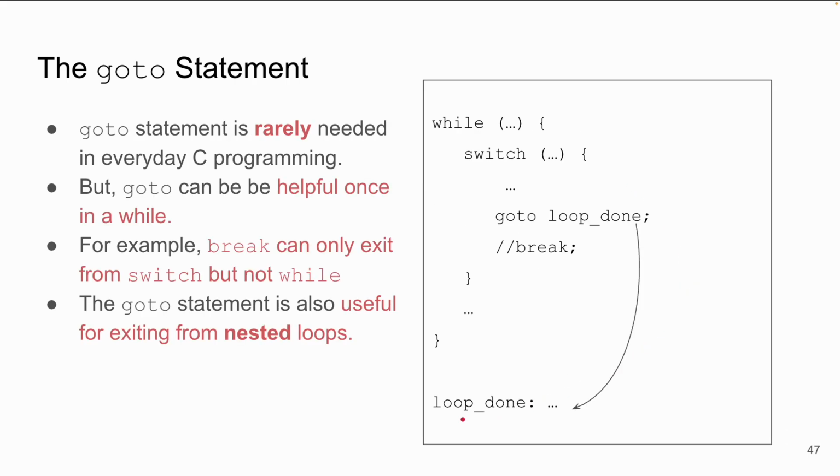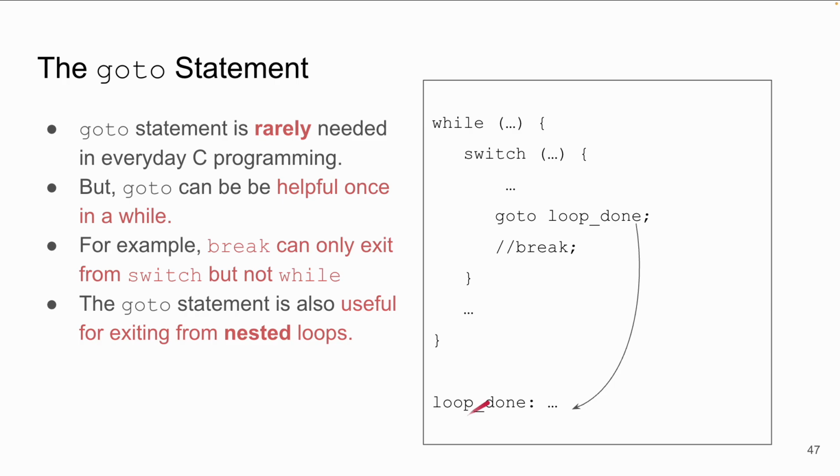The goto statement is actually rarely used in everyday C programming, and the reason is that it can make your program flow very hard to predict, right? Because you can jump to anywhere you like. But sometimes goto is helpful once in a while.